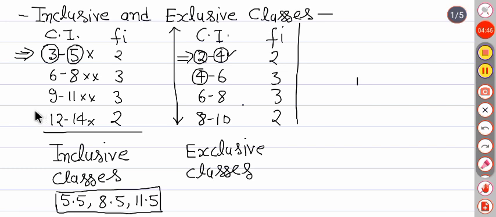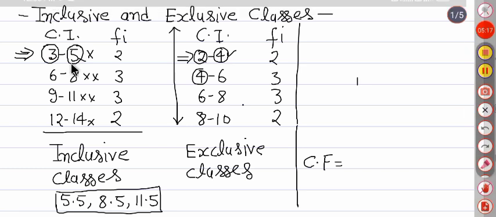So this problem occurs. So you can convert these inclusive classes to exclusive classes. So very simple. You will use a correction factor, and in the correction factor you will take the upper limit of the class.